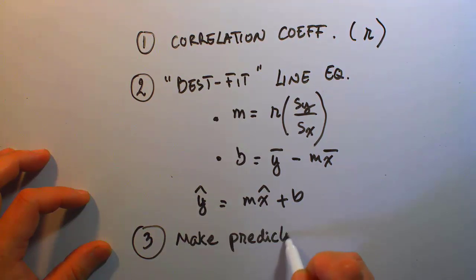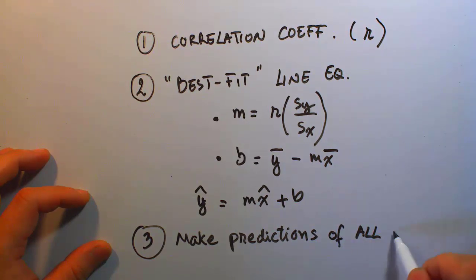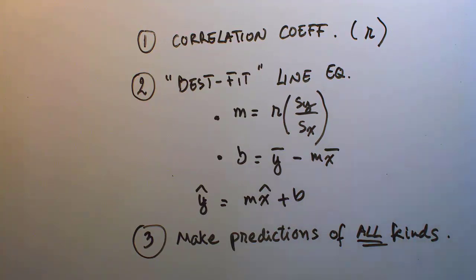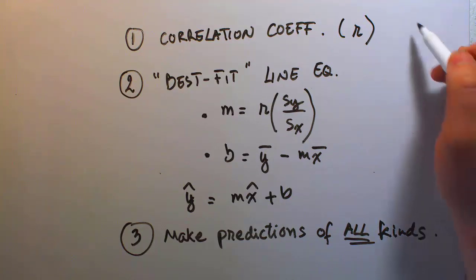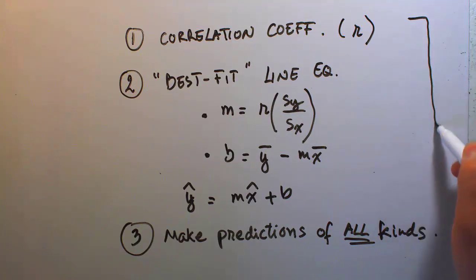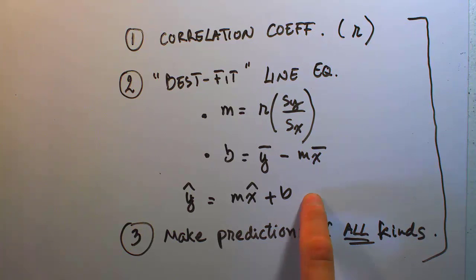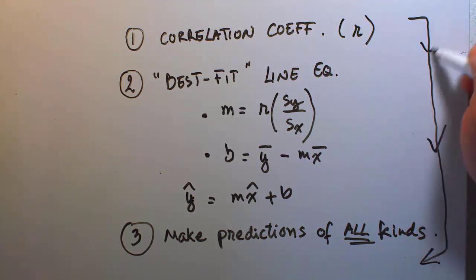The whole purpose of coming up with the best fit line equation is to make predictions, of all kinds: predicting for the x value, predicting for the y value. So the entire process always goes in that certain order, from beginning to end, down the arrow.